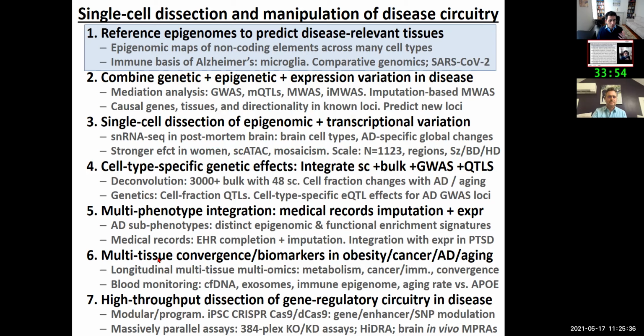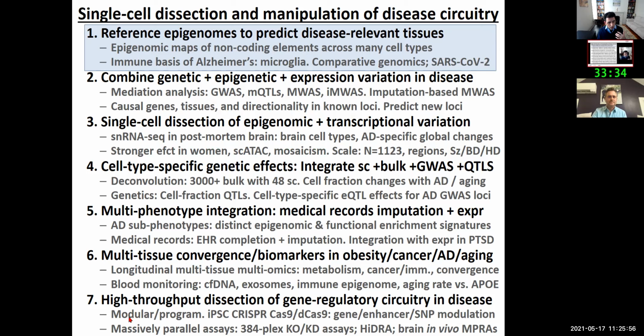and we go beyond individual tissues to multi-tissues and understand how these genetic variant effects are converging across multiple pathways to obesity, cancer, Alzheimer's, and aging, and how we can use biomarkers even from peripheral blood to understand these multi-tissue effects.